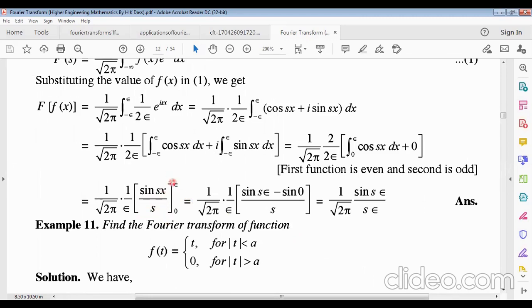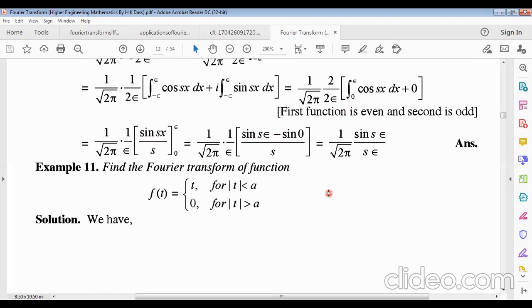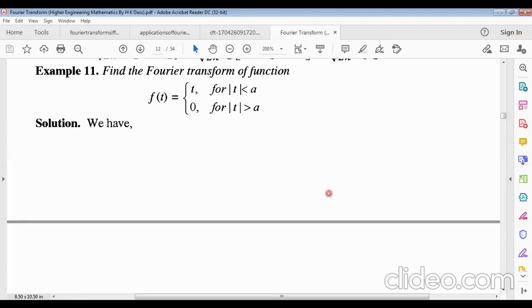Now the upper limit is epsilon and the lower limit is 0, because minus infinity to plus infinity can be written as 0 to infinity, just multiplying by 2, because this is the symmetric area. Now this equals 1 by root over twice pi, 1 by epsilon, putting upper limit sine as epsilon and sine 0. So we get only this result. Very easy integration also.